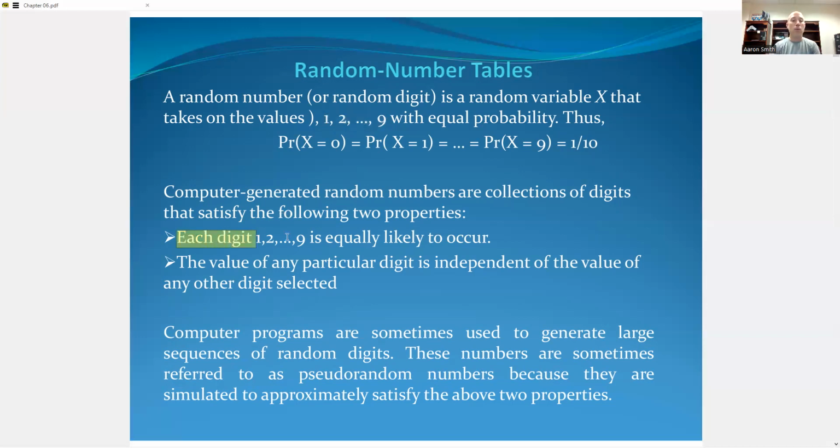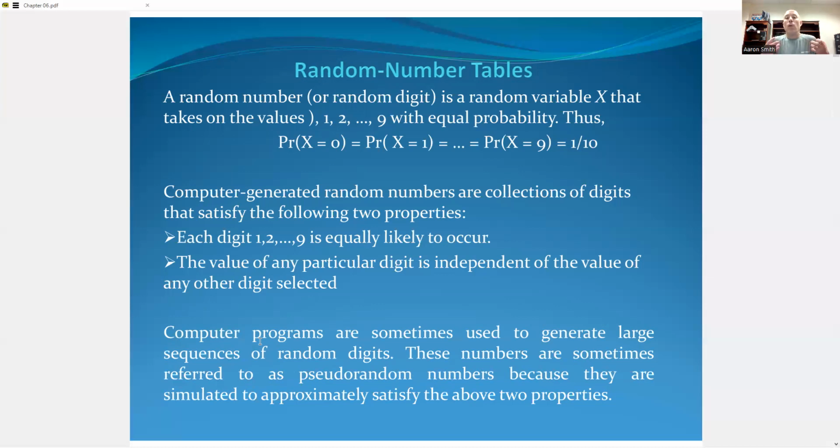Each digit, 0 through 9, is equally likely to occur. The value of each particular digit is independent of the value of any other digit selected. Computer programs are sometimes used to generate large sequences of random digits. These numbers are sometimes referred to as pseudo-random numbers because they are simulated to approximately satisfy the above two properties.